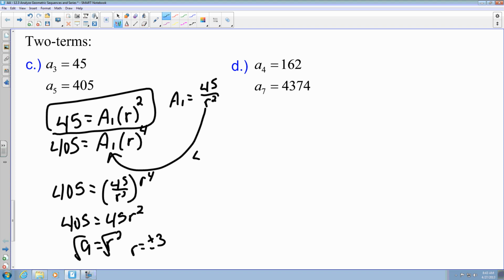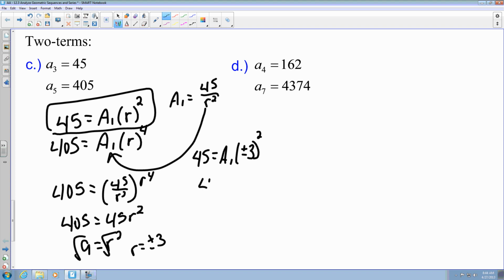So I'm going to say 45 equals a sub 1 times plus or minus 3 to the n minus 1 power, which happens to be 2. So whether it's positive 3 or negative 3, it's going to be a positive value here. So I'm going to get 3 squared, which is 9.